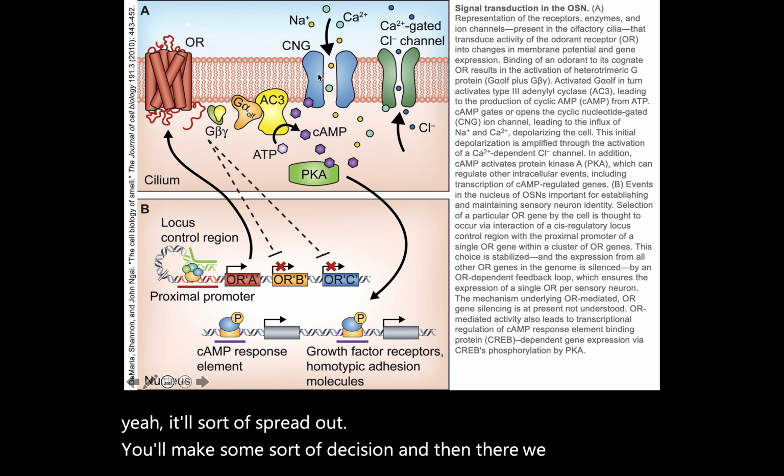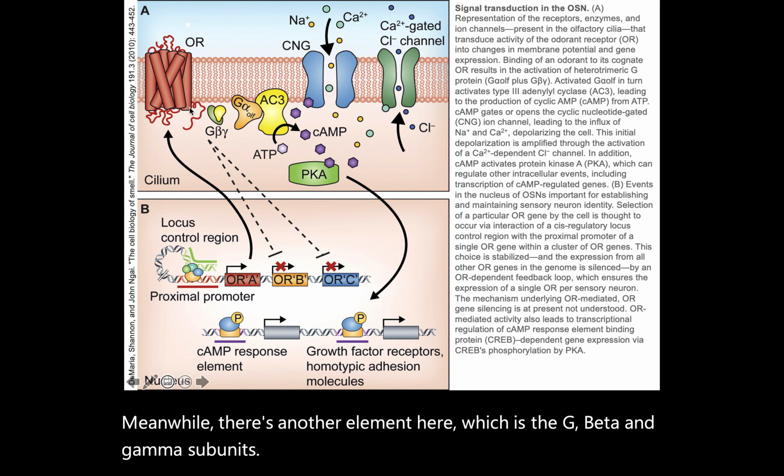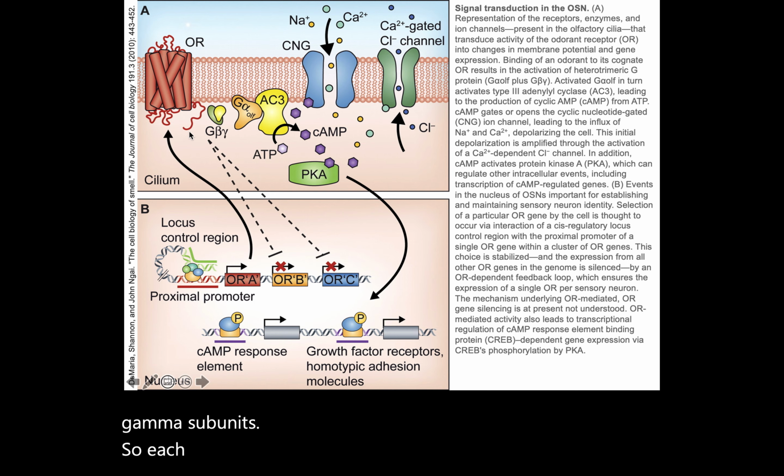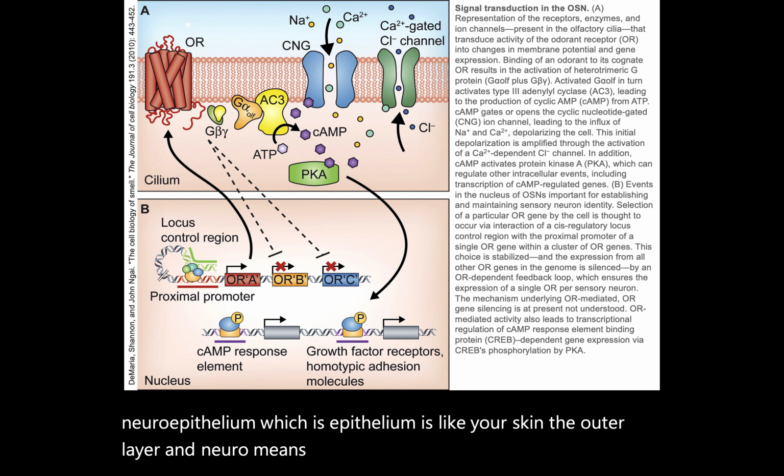We got it. Now, meanwhile, there's another element here, which is the G beta and gamma subunits. Each nose cell, these are cells on a thing called the neuroepithelium, which is, epithelium is like your skin, the outer layer, and neuro means it's partially a neuron, and that's what the cells are that actually smell.